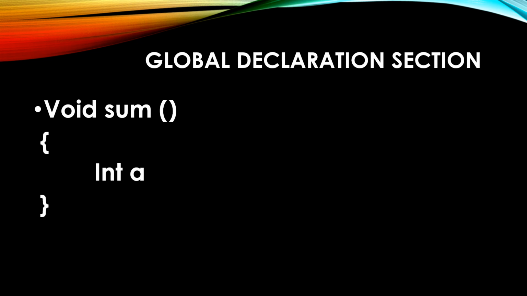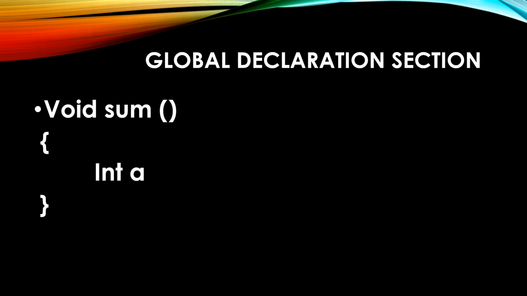If you want to use a variable in every function, you have to declare it globally. Then you can use it throughout the program, in main and in every user defined function.